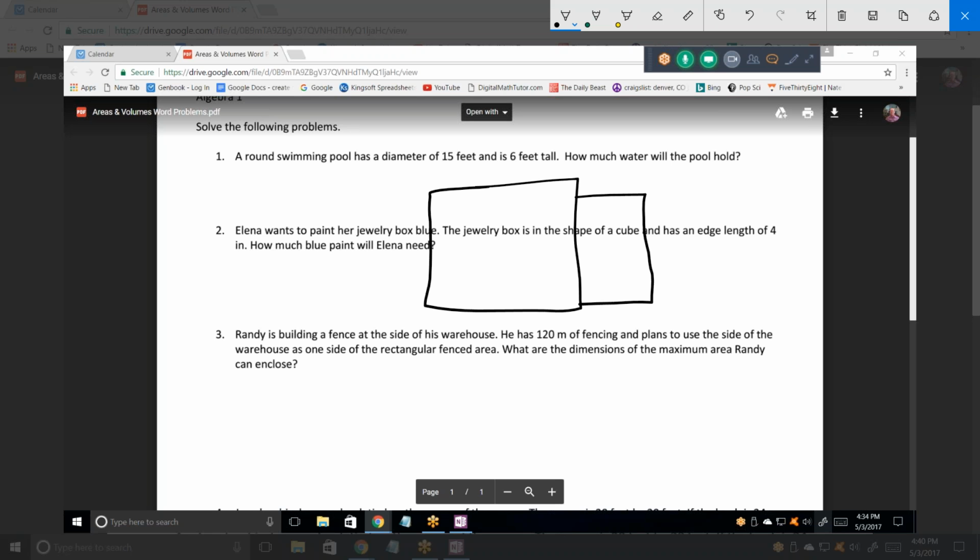He's got 120 meters of fencing. Yeah. Now, before we can solve this problem, we need to put some variables on here. Because the question is, what are the dimensions of the fence so that they would have a maximum area?